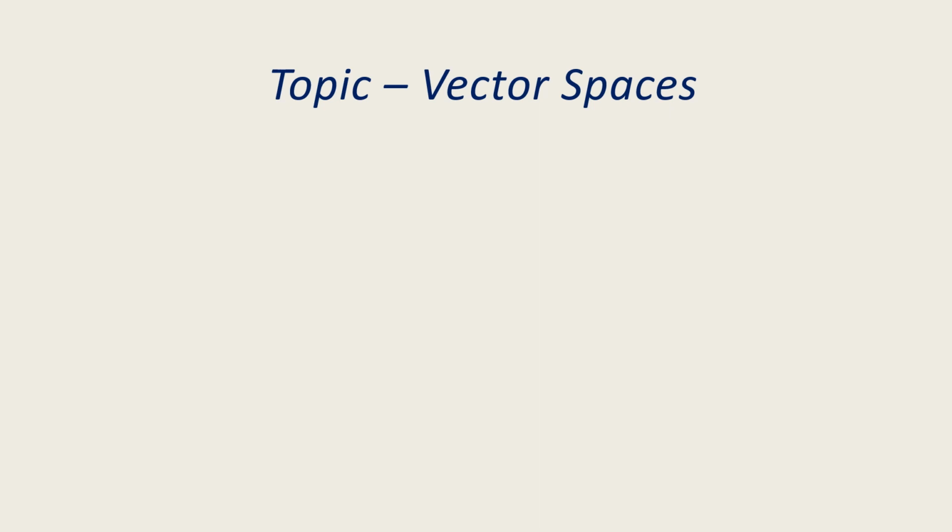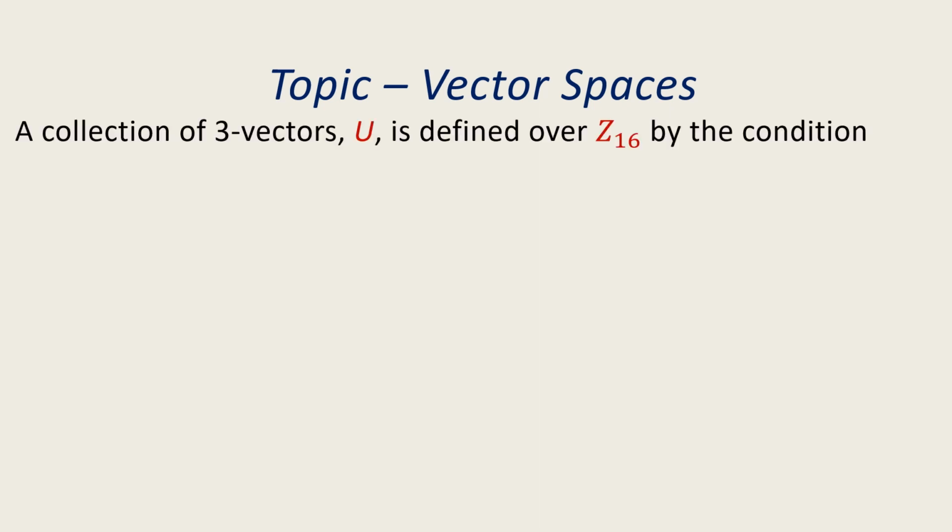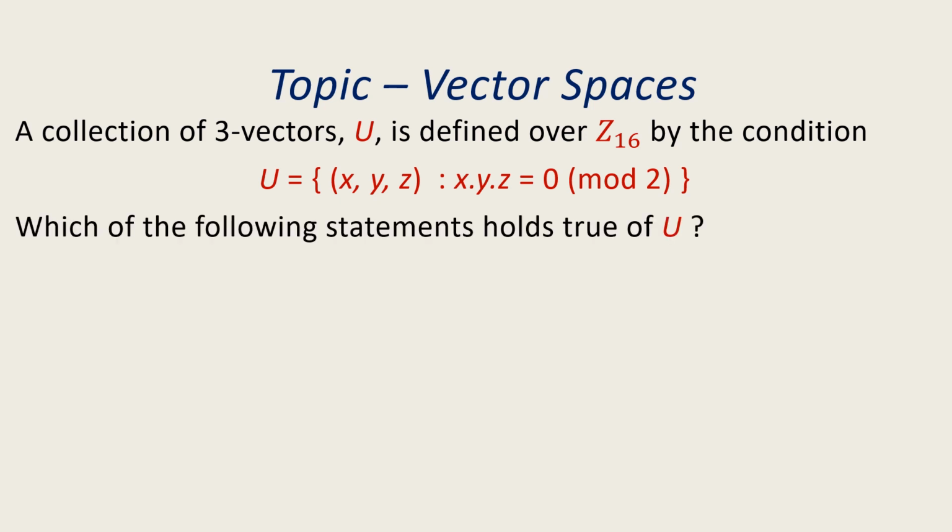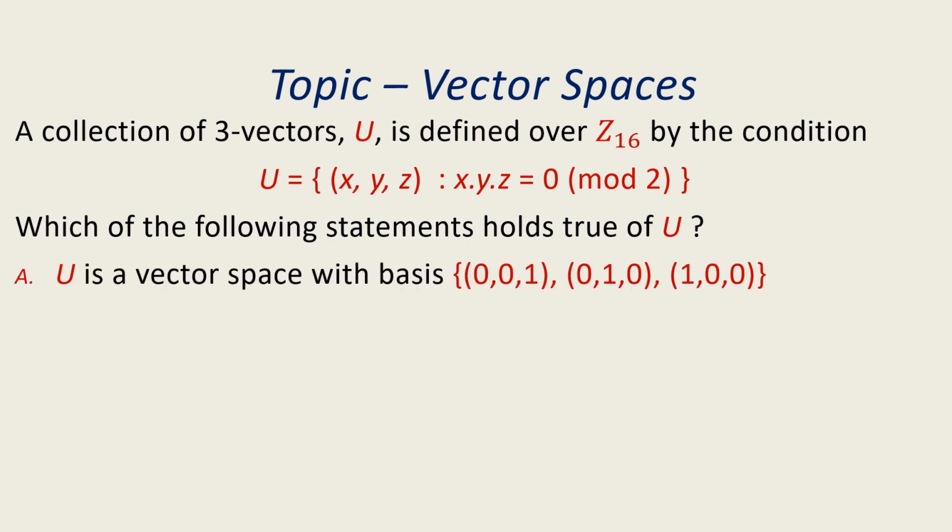What about vector spaces? So again, typical sort of question we might see, given a collection of 3 vectors defined over the integers working modulo 16, and the condition on these three vectors is that when we multiply the three components together, we get an even value. That's all that mod 2 means. And we might ask, which of the following statements is true of that collection of three vectors?